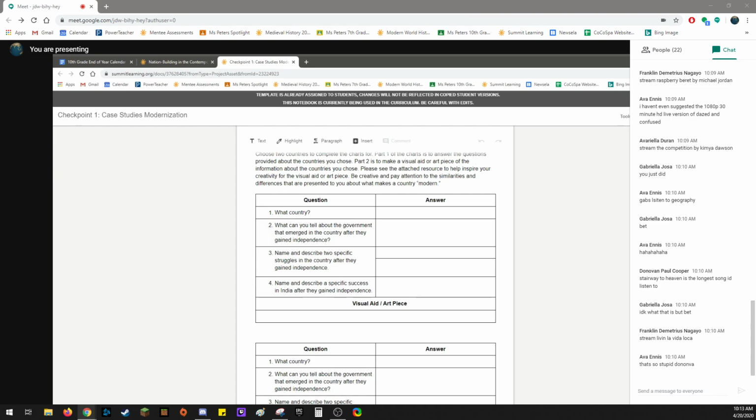You're looking at clues and hints to what happened to them through their government. Then the next is to describe two specific struggles in the country after they gained independence. Obviously gaining independence doesn't automatically make it a modern country where everything is happy-go-lucky and wonderful, right?